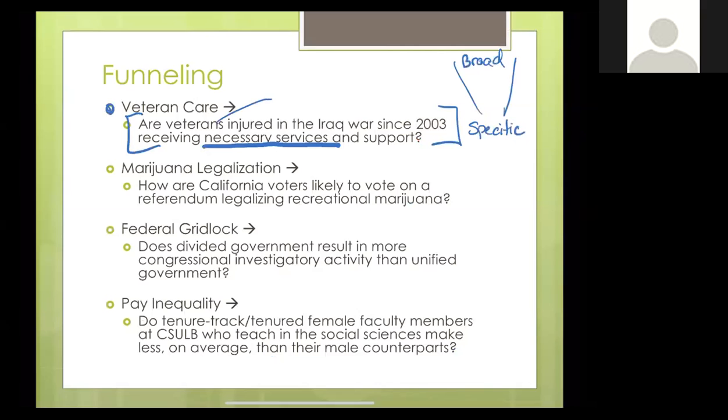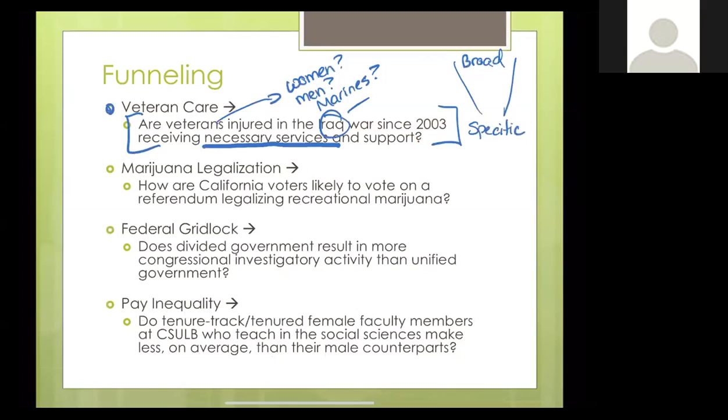Even here, we might say, well, veterans, could this only be women veterans? Could this only be men veterans? We know that we're talking about Iraq, but is this only maybe Marines? What if somebody was in the Iraq War, they were technically deployed to Iraq, but they were flying an Air Force jet somewhere over the Pacific Ocean as a result of a deployment?